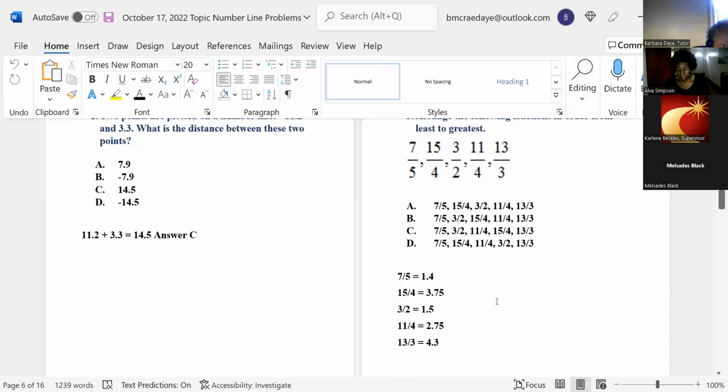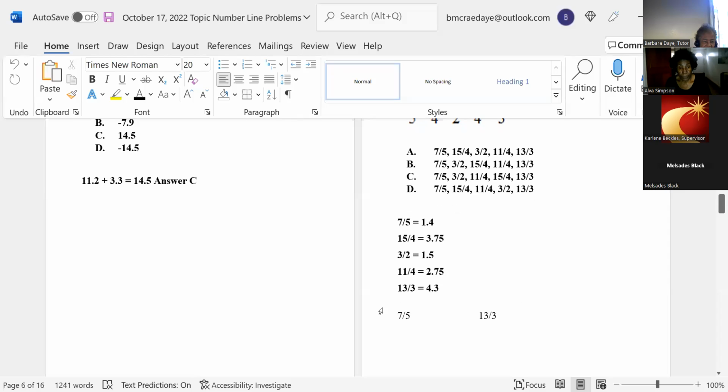Now, which one is the largest, Alva? 13 over 3, that's 4.3. Yes. So we've got our largest and our smallest, all right?